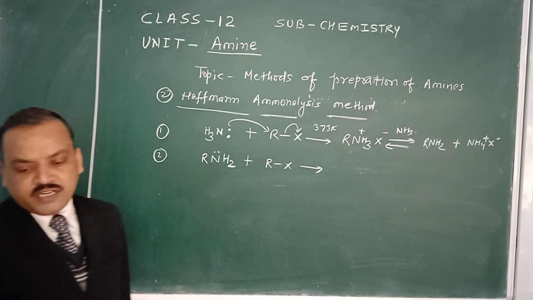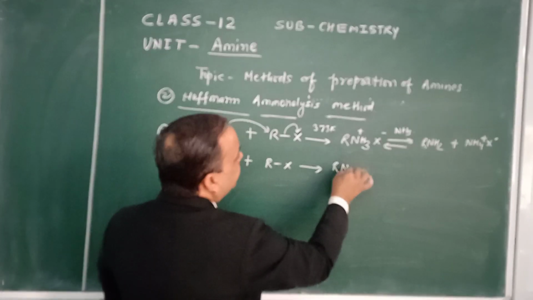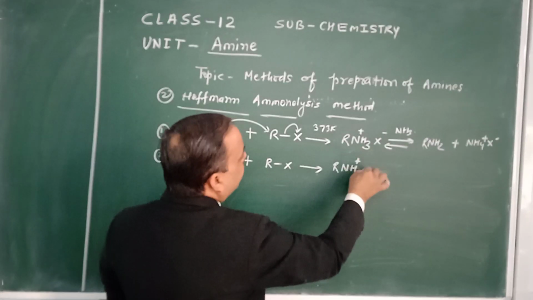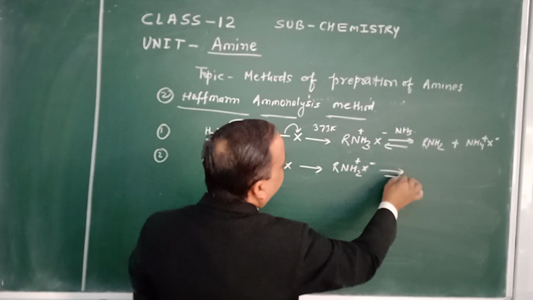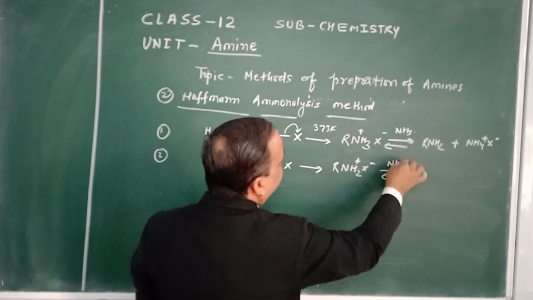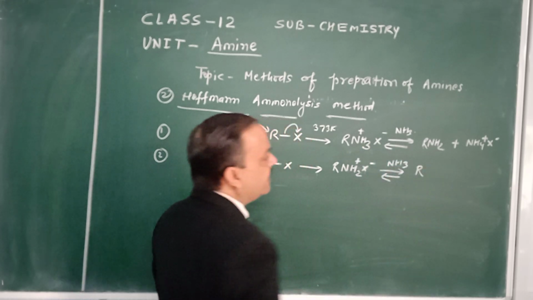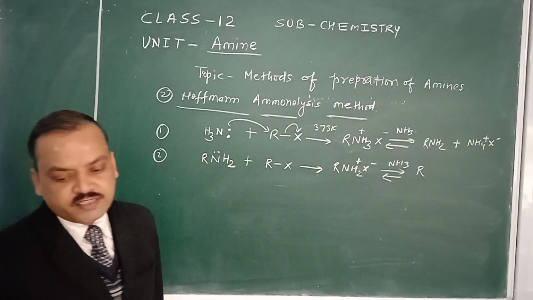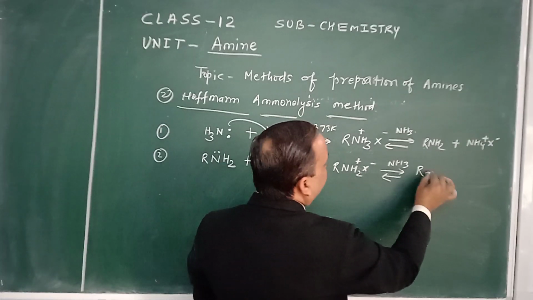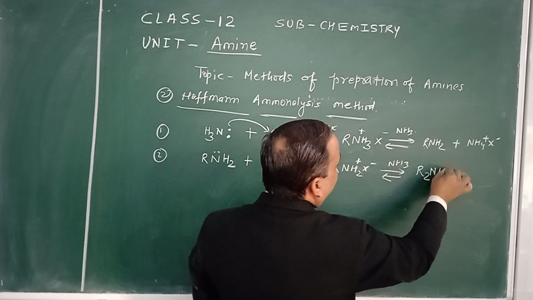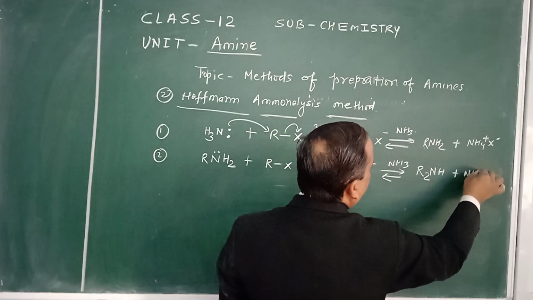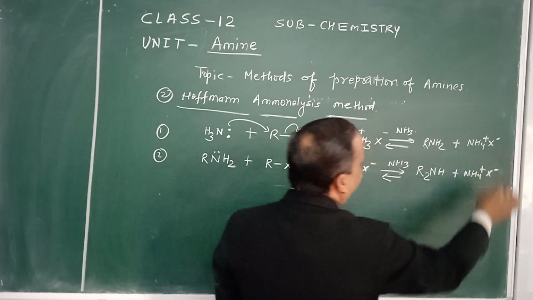One hydrogen becomes less, and the new species formed is X-. We again react with ammonia, then we get the product R2NH plus NH4+ X-.